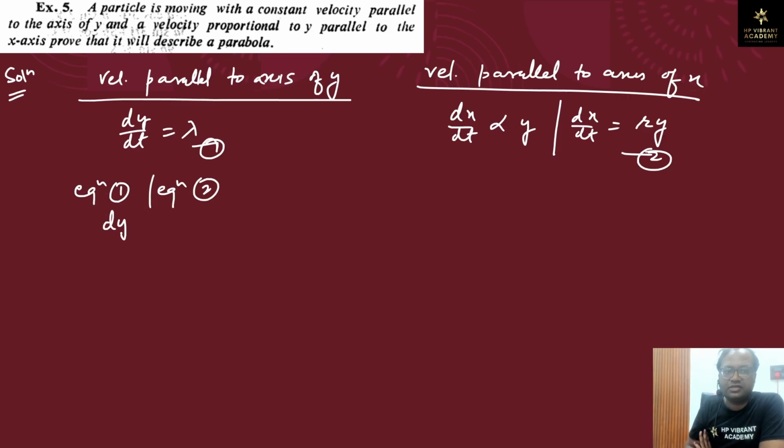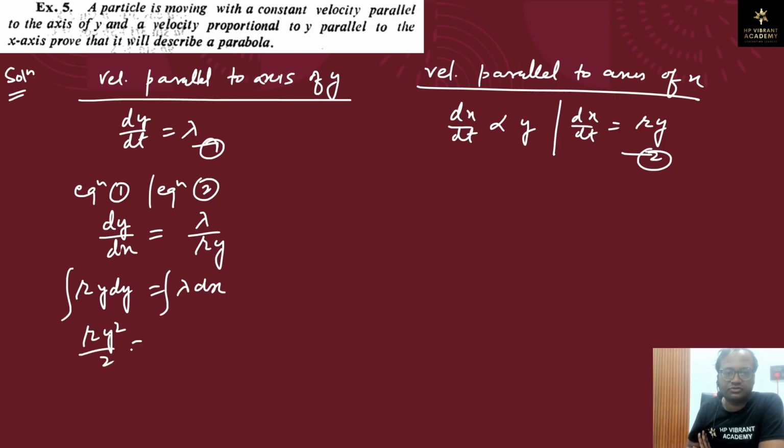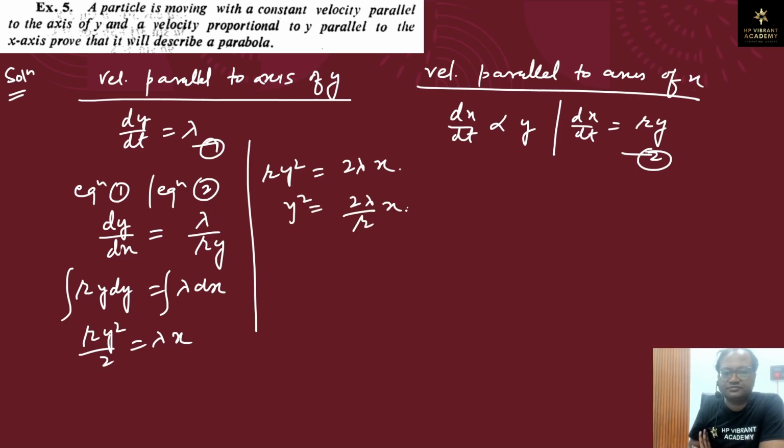So let us divide equation 1 by equation 2. We have dy upon dx is equal to lambda upon (mu y). Let us cross multiply: mu y dy is equal to lambda dx. Let us integrate this. So mu y square upon 2 is equal to lambda into x. So we have mu y square is equal to 2 lambda into x. So y square is equal to 2 lambda upon mu into x.